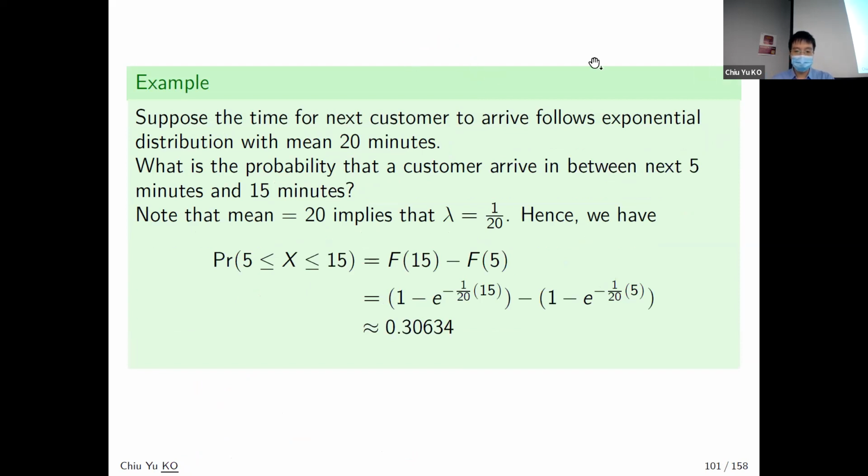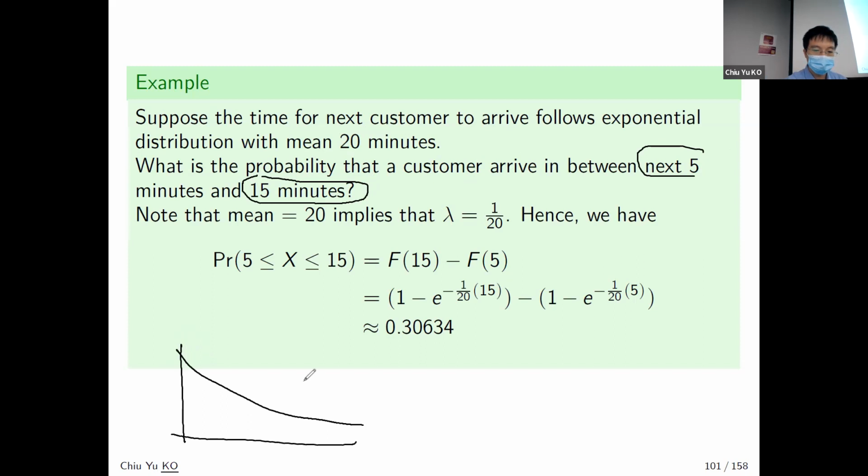Again, I think I added another one. It's the same question, but instead of asking within 10 minutes, we're asking about the next 10 to 15 minutes. Okay. So this is another question. Let me quickly draw this again.